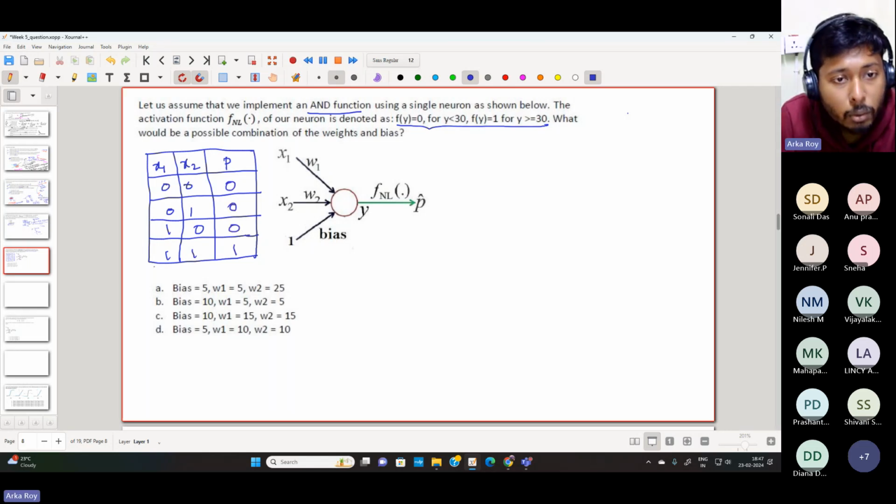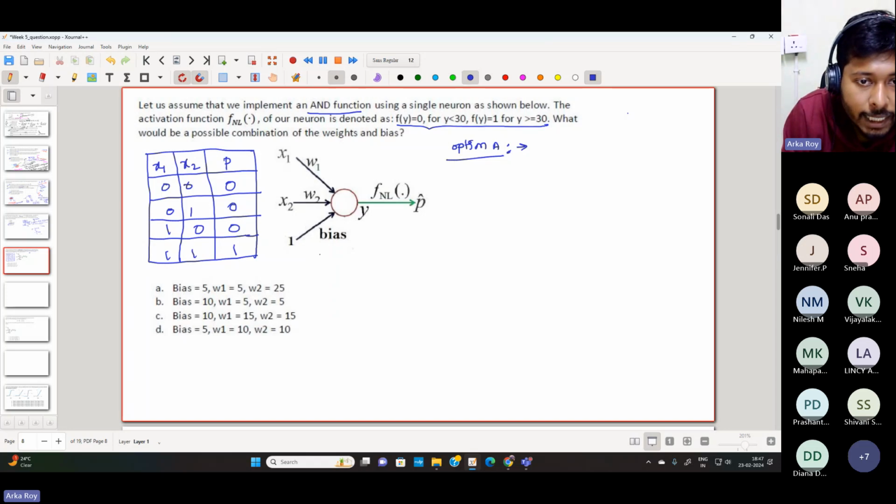So you need to scan through all these possible combinations. So let me start with option A. Let me just write the equation also. So y will be w1 x1 plus w2 x2 plus 1 into bias. Let me abbreviate the bias as b. So b into 1, so I can directly write it as b. And P hat is f NL of y.